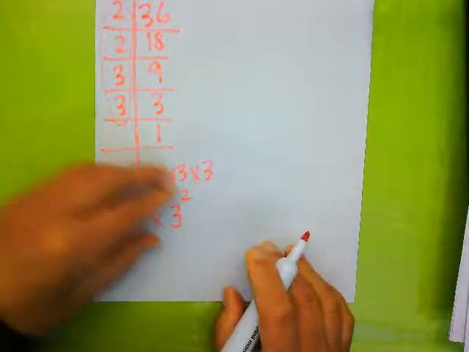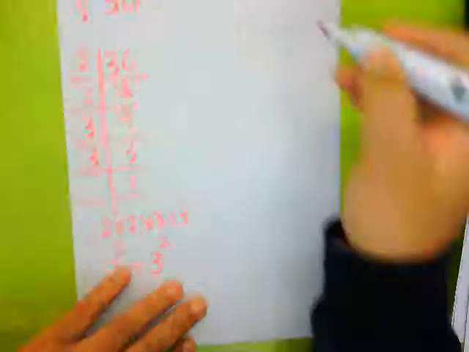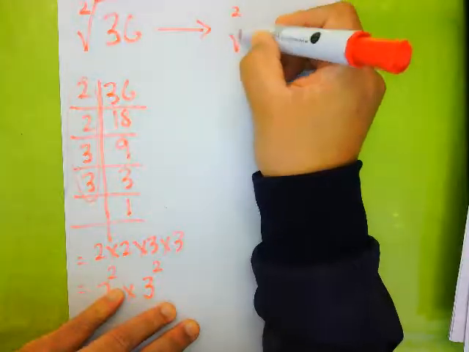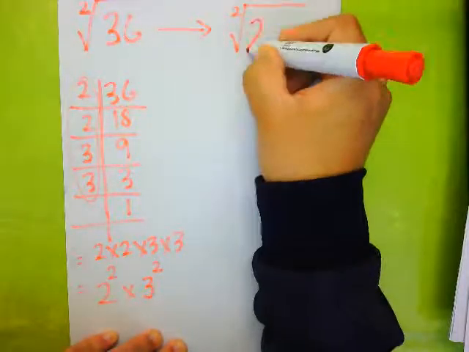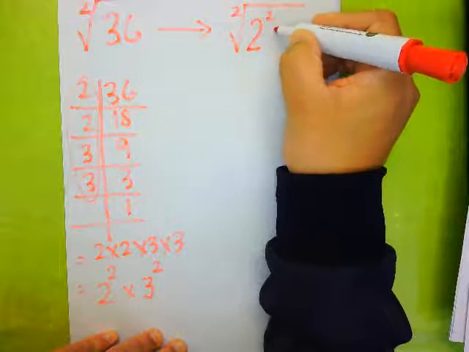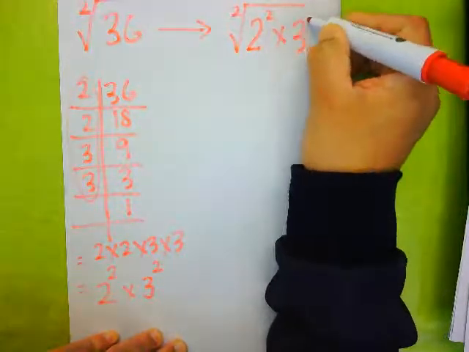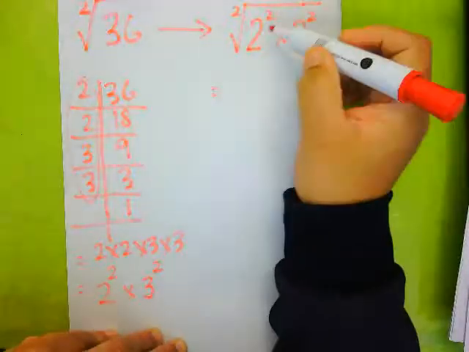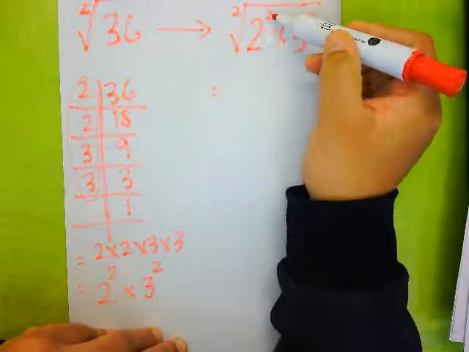I take that and I put it in place of the 36. It's now the square root of 2 squared times 3 squared. Same principle, inside the root, outside the root.